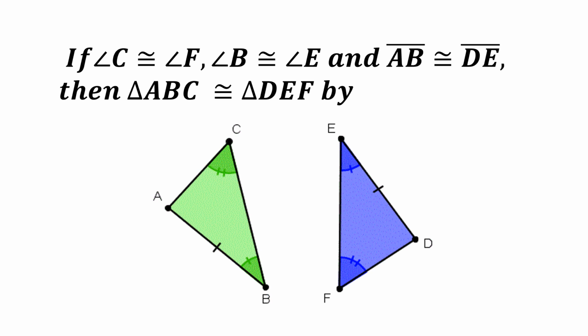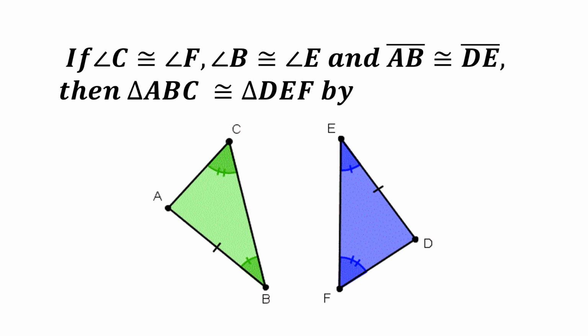If angle C is congruent to angle F, angle B is congruent to angle E, and side AB is congruent to side DE, then triangle ABC is congruent to triangle DEF.